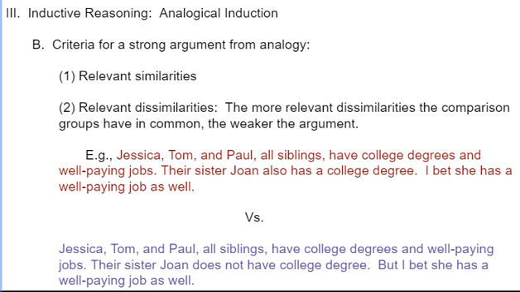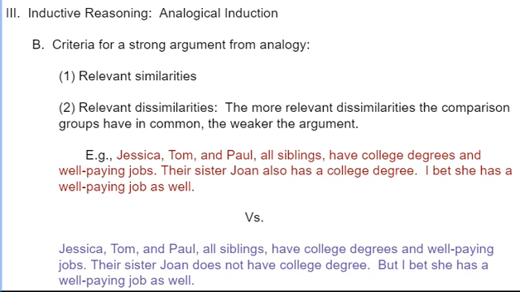You might say, well, because all Joan's siblings have good-paying jobs, she's more likely to have a well-paying job. True, but that argument is not as strong as the first one, is it? Right? Out of these two arguments, the one where Joan has a college degree, just like her siblings, the conclusion is much more warranted. It's a much stronger argument, right?